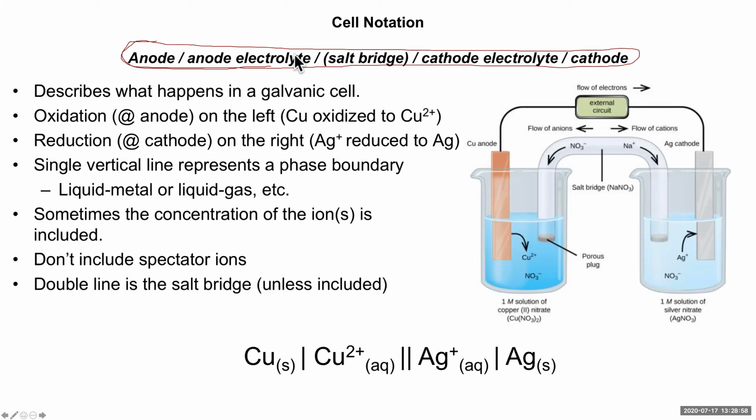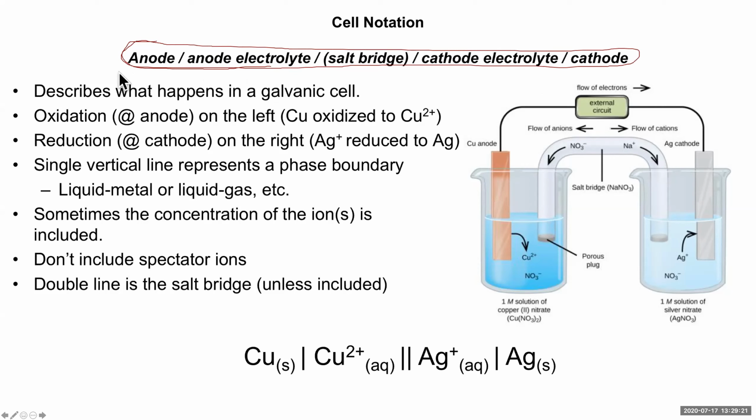And then next you put the anode electrolyte, what is in the solution. And then you could put down the chemical formula for the salt bridge. Next would be the cathode. As you go from left to right, you write everything down for the anode, and then you write the salt bridge, and then you write the cathode electrolyte, and then finally the cathode material.